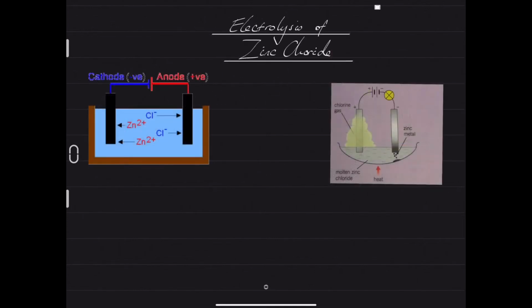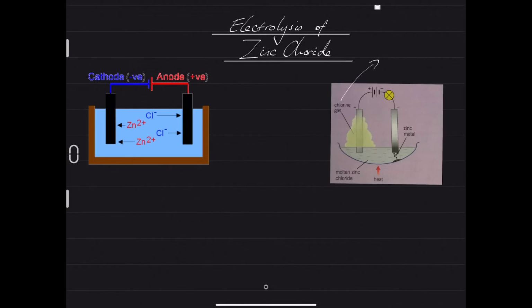The experiment can be seen on the right hand side, the diagram that we've just seen. Now just note that the observation of this investigation can be described by observing a pale green gas being given off, which is chlorine gas.